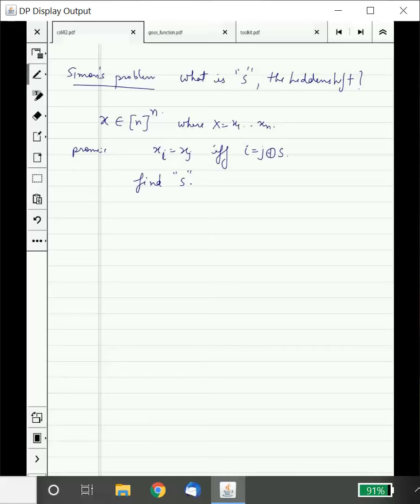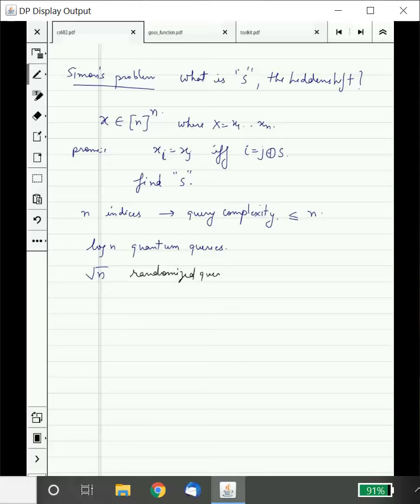In this way, you can say that there are n indices and the query complexity could be at most n. What we are going to see is that we are going to solve it in log n quantum queries, but it will require at least square root n randomized queries.